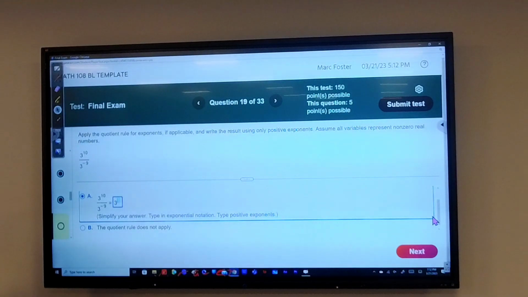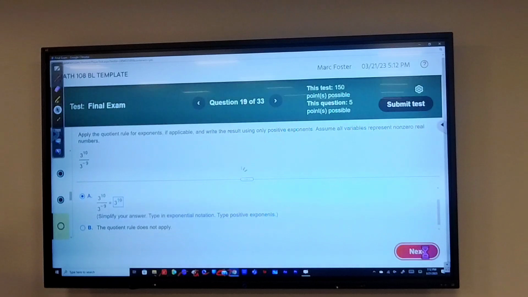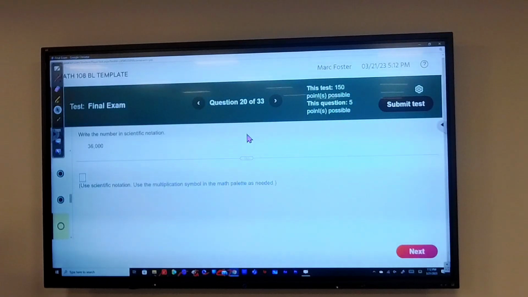Or no, it's negative, so it would be 3 to the 19. 3 to the 19. Yeah. Point 6 times 10 to what? Four.